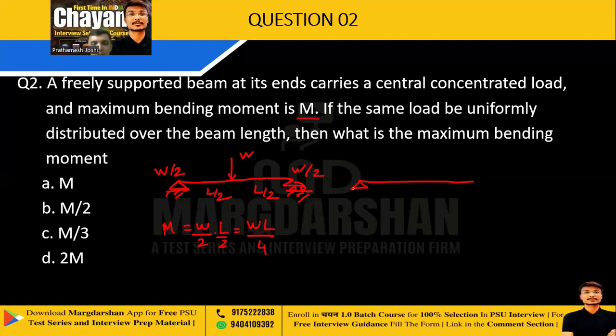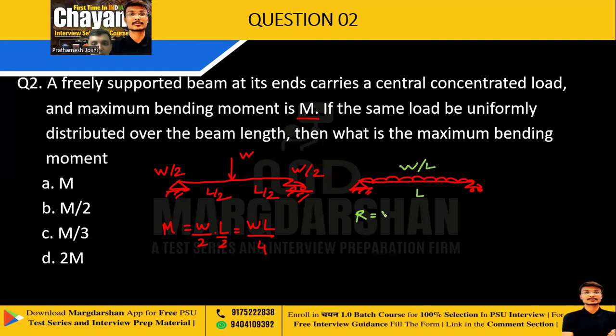if the same load is uniformly distributed, I will change color over here. This is W uniformly distributed, length L. So the reactions will be W by 2 again. Since the same load is uniformly distributed, it should be W by L per unit length, because that's how it would be uniformly distributed over the length.